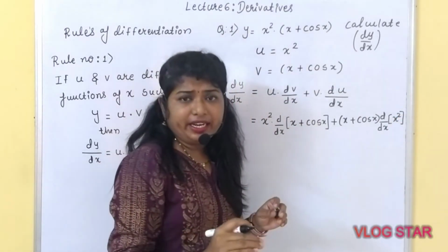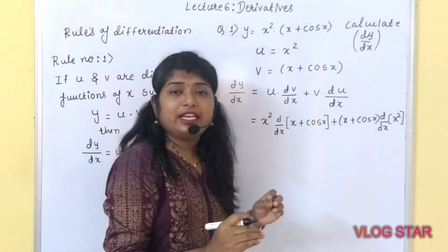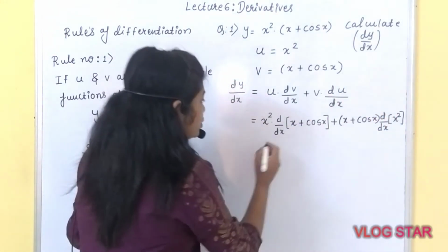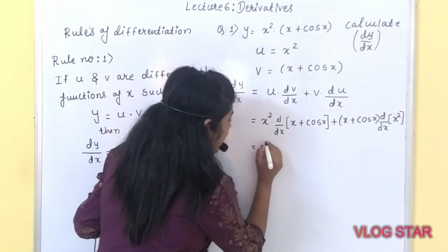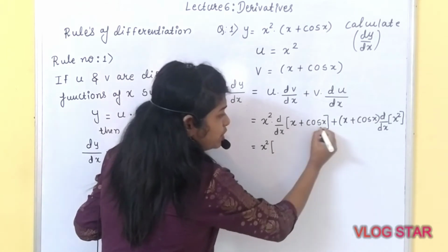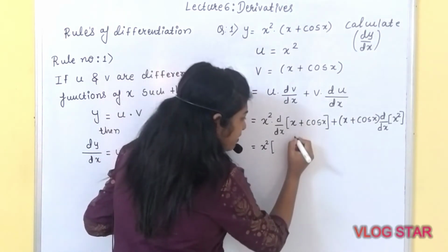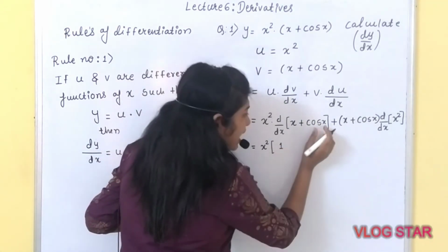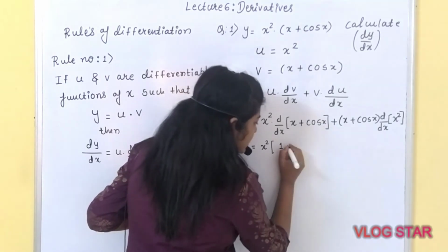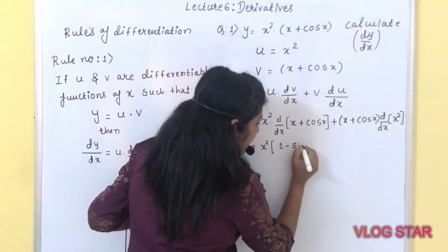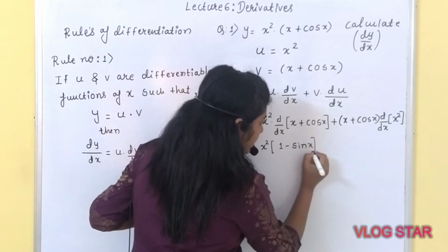We have already studied the standard formulas related to derivatives. So what is the derivative of x plus cos x? The derivative of x is 1 and the derivative of cos x is minus sin x, if you remember.